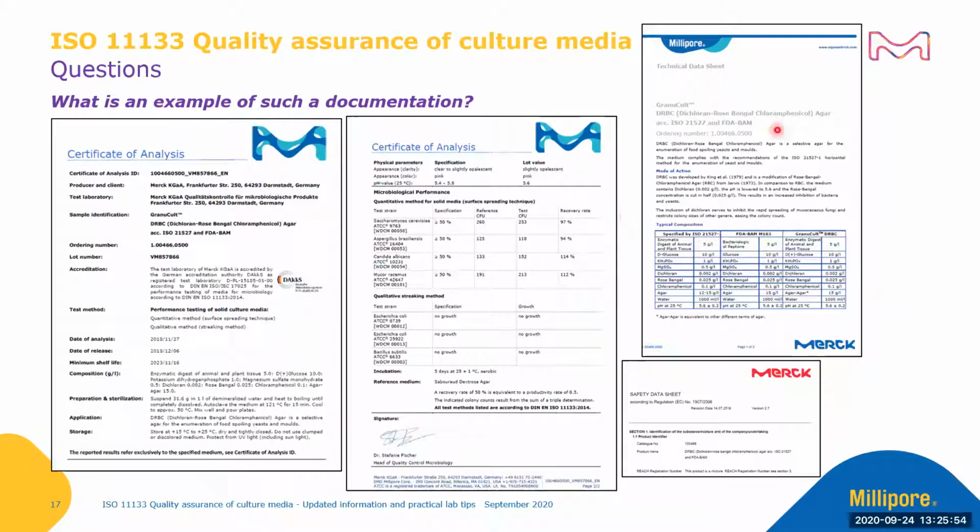Besides this, we provide a technical data sheet with all the description of the media, but also with a full comparison of the formulation as specified by the standard, like the ISO standard, and what we have in the declaration of our media. And of course, you have a full safety data sheet of the culture medium in different languages also.